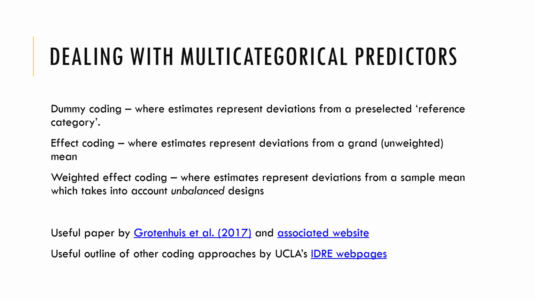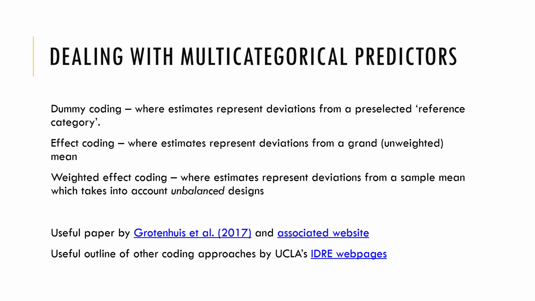So I used weighted effect coding, but there is another alternative, which is effect coding. Whereas dummy coding compares one category to the other, effect coding essentially compares them to the grand mean. So it will give you an idea of whether some category is higher or lower than the average. So they tell you slightly different things.